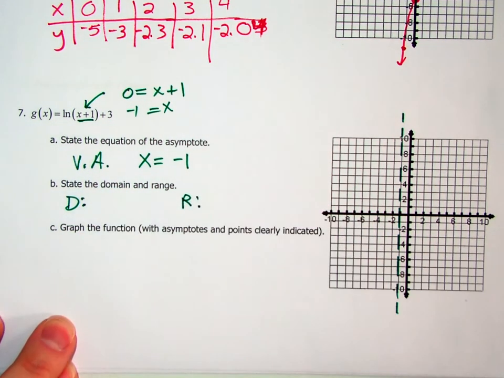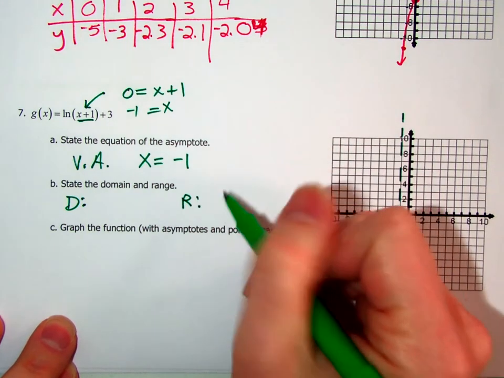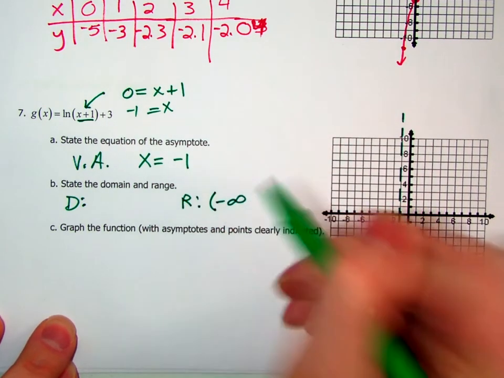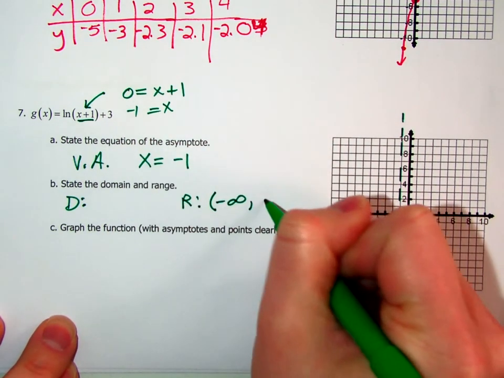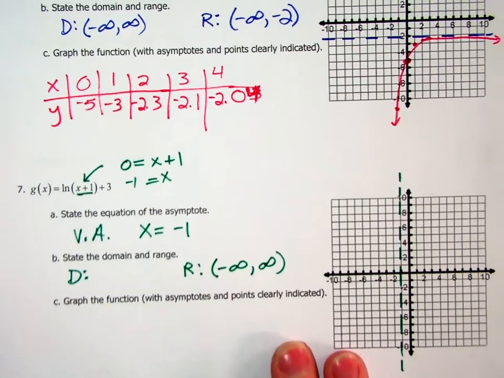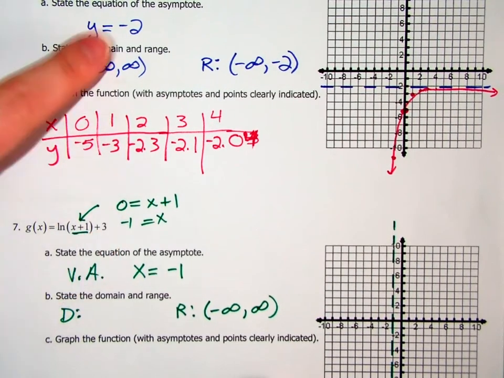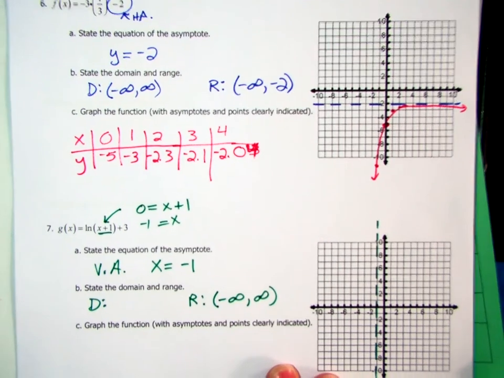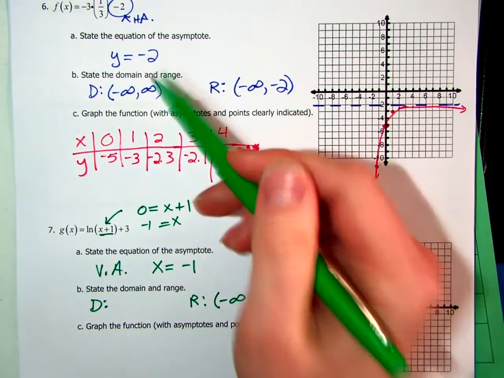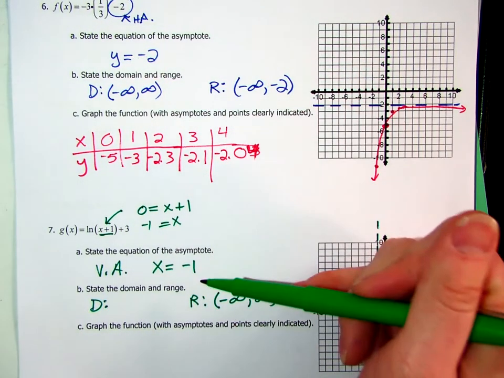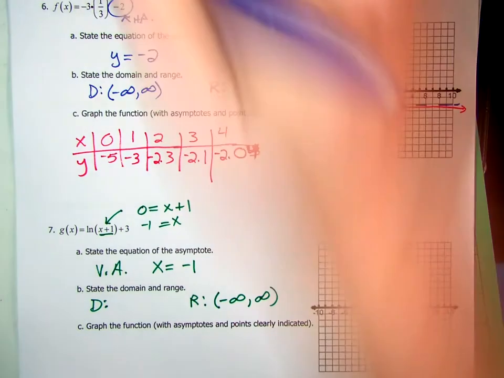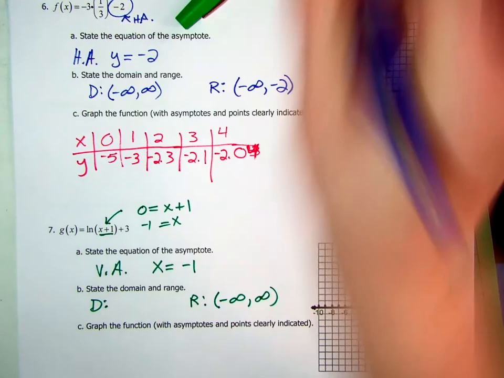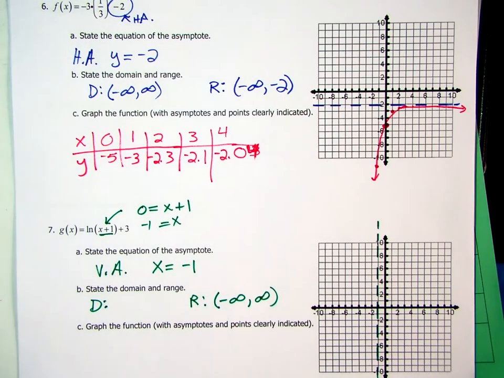So in exponential, domain is always -infinity to infinity, but in logarithmic, range is always -infinity to infinity. So you need to remember that these are really inverses of each other. Since they're inverses, you're going to have the opposite things happen. So opposite types of asymptotes. One has the horizontal, one has the vertical, and then the domain and range also switch.